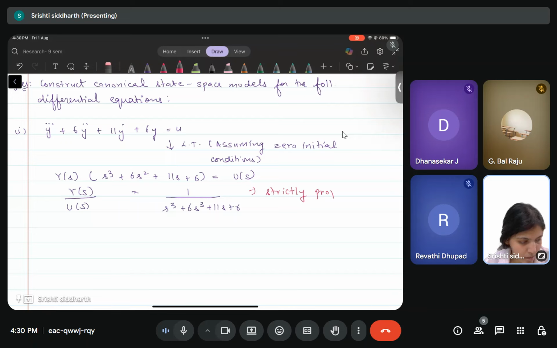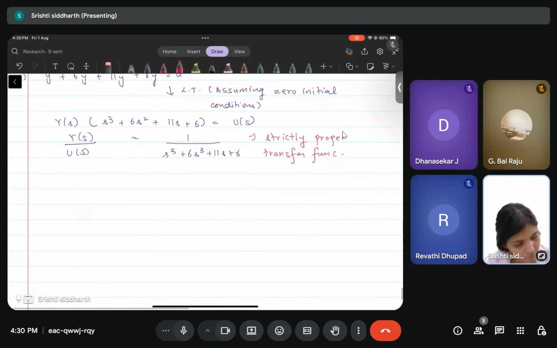And now let's look at the eigenvalues or the poles. So this already implies that D is 0. Let's see what are the roots of the denominator polynomial. So s equals -1.